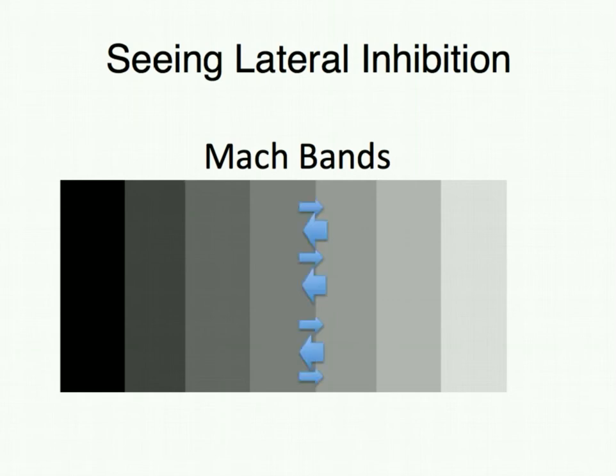The idea being that because this is receiving more light, it produces a strong inhibitory response to nearby neurons that are responsive to this region over here. And so that produces some darkening. On the flip side, because this is dark, it's not producing as much inhibition, and therefore it looks a little bit lighter than this region over here, where you're getting a lot of inhibition from these other regions. So this is getting relatively less inhibition.